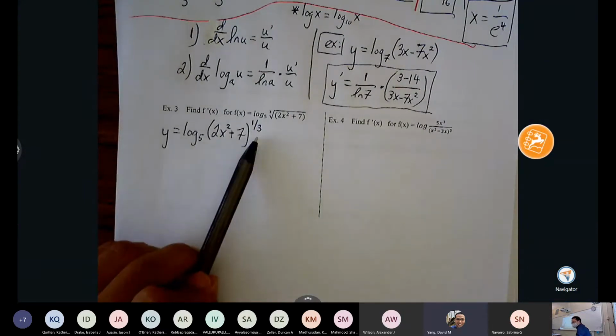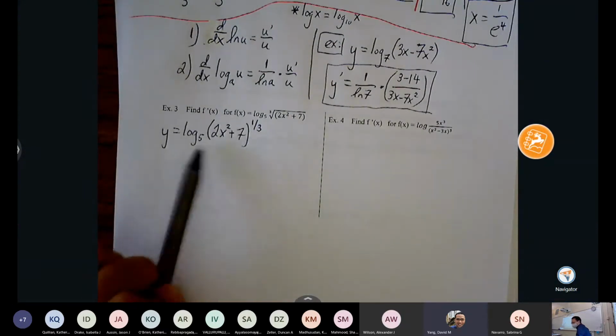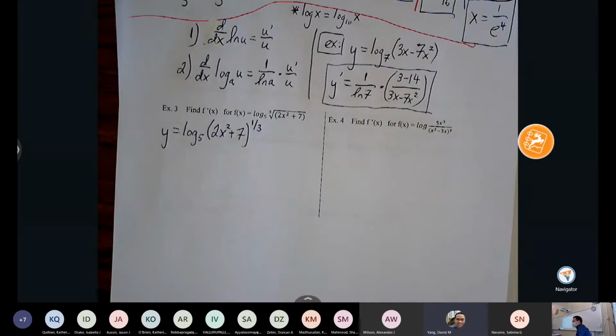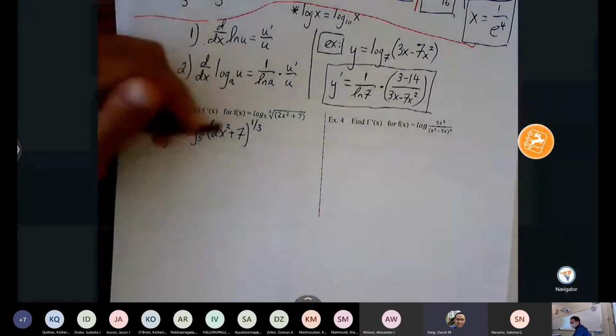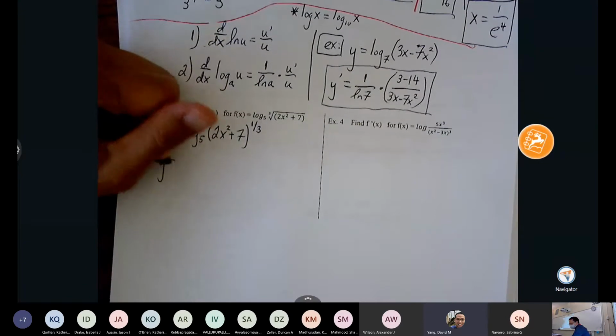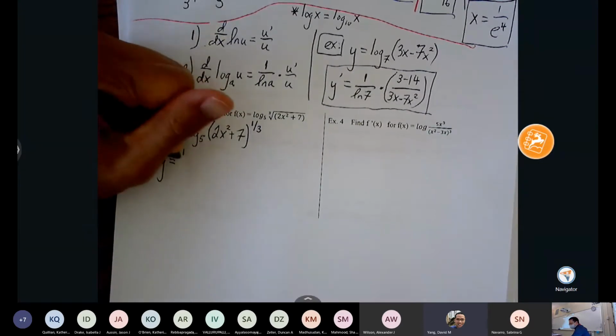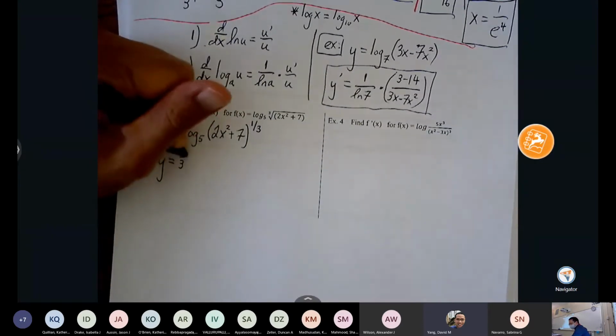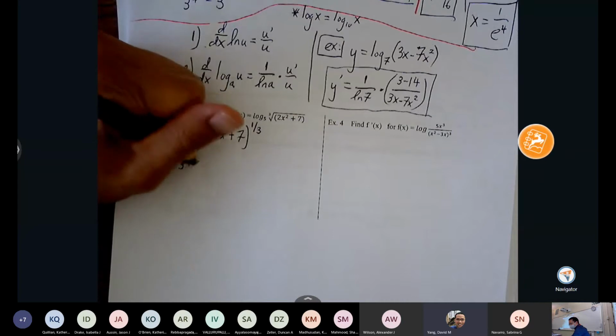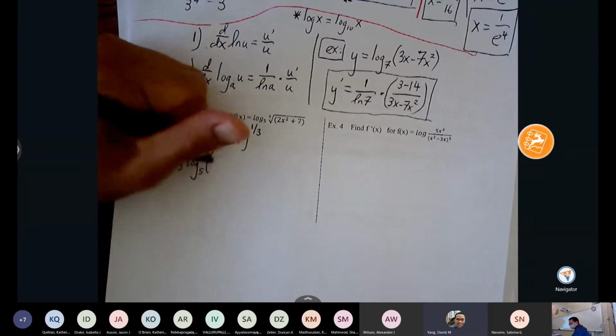Exponent. Yeah. So just like natural log, log base 5 also has access to that property, right? We can bring that 1/3 down. So no derivative yet. All we're doing is we're just moving that exponent so that we don't have to deal with a messy u value.